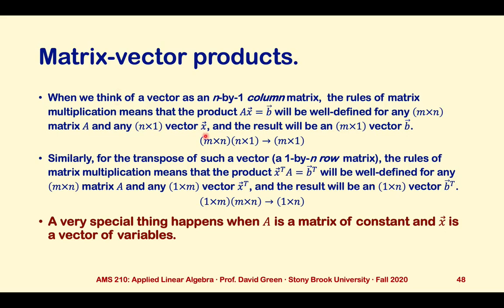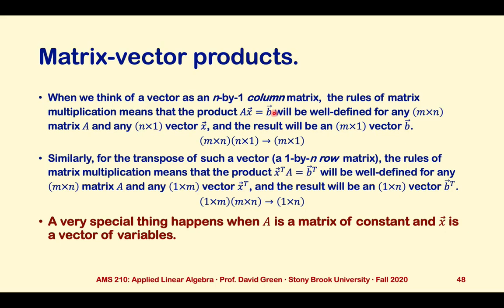In particular, if a vector is an n by 1 column matrix, then for any matrix that is m by n, that is any matrix that has the same number of columns as our vector has elements, we can define a product A times X, matrix A times column vector X.